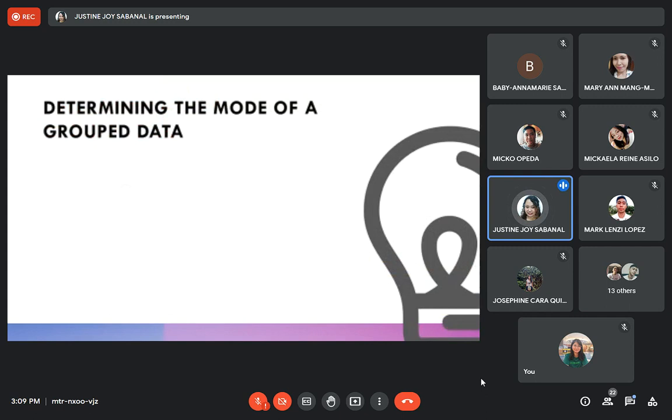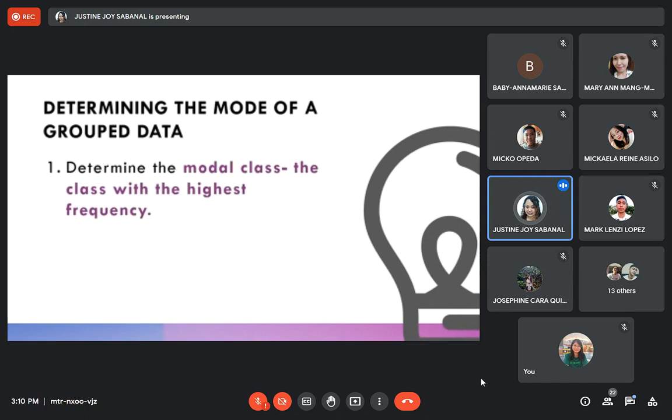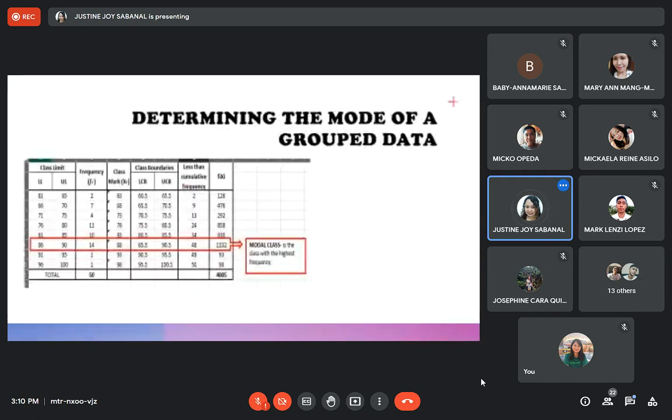So, yung sumunod naman po is the determination of mode for a group data. So, ang una lang po or yung gagawin nyo lang muna is alamin kung nasan yung modal class. So, ang modal class daw po is the class with the highest frequency. So, titingnan na po natin yun sa ating frequency distribution table.